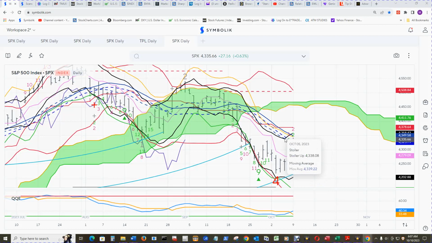And the 21 EMA also in dashed blue right underneath the Bollinger Band mid-band, 4339.22.